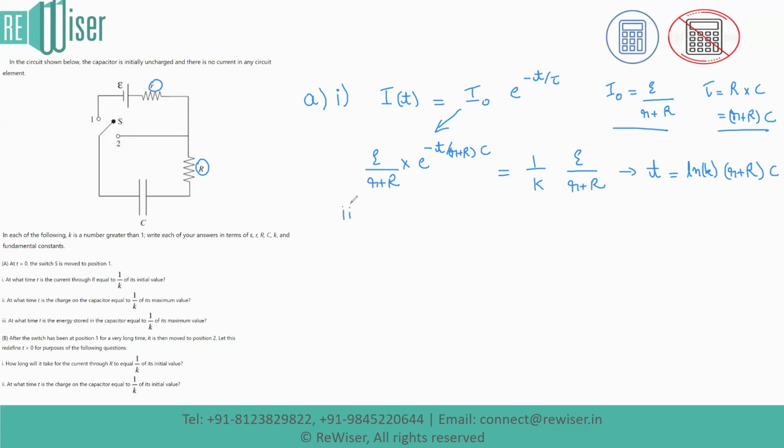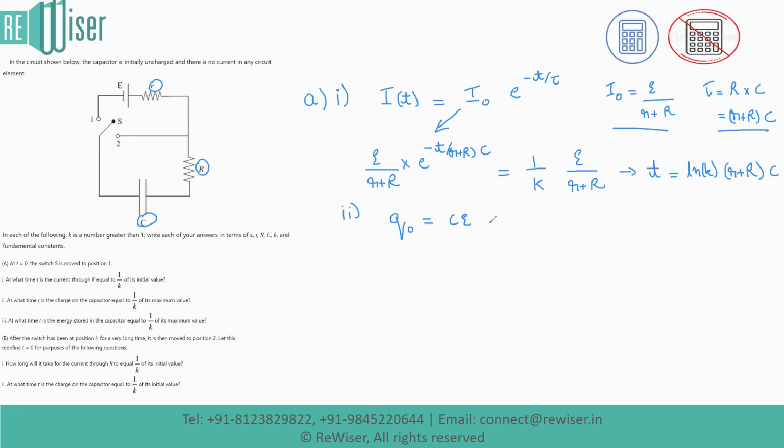Moving on to part 2, they're asking at what time is the charge equal to 1 by K times the maximum value. Charge has the exact same formula. I is I naught e power minus t by tau, and Q is Q naught e power minus t by tau. Q naught is just, remember, for a capacitor, Q is just C into V, and here V is just epsilon.